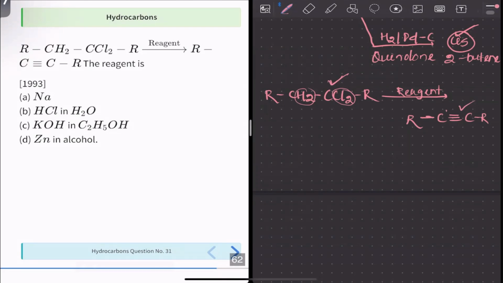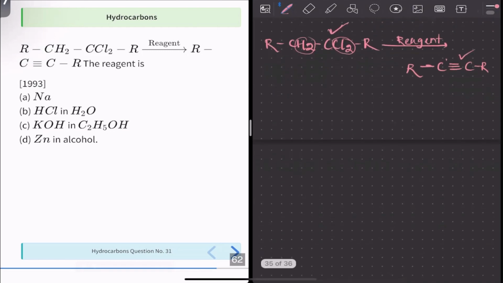So dehydrohalogenation reaction is a feature of which reagent? You have to remember this. Alcoholic KOH. Got it? Aqueous KOH will form a different product, but alcoholic KOH will form the elimination product. So the reagent will be alcoholic KOH.